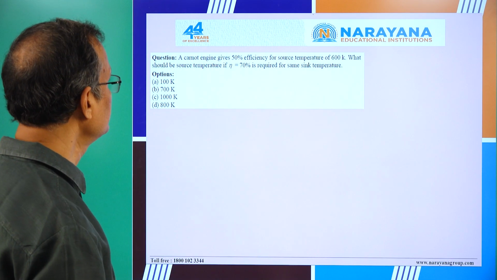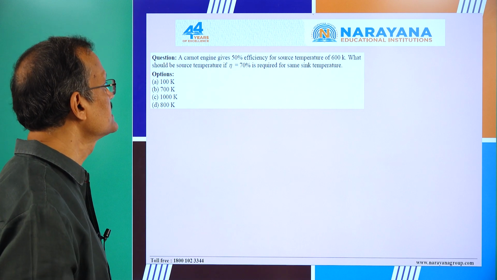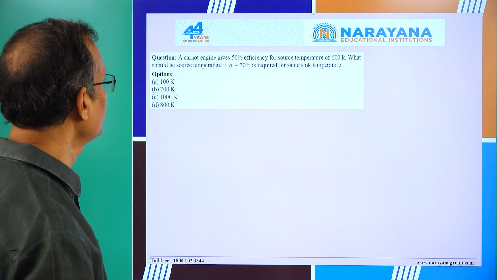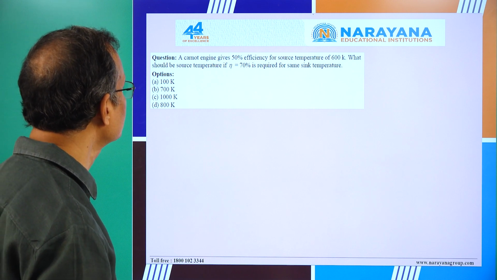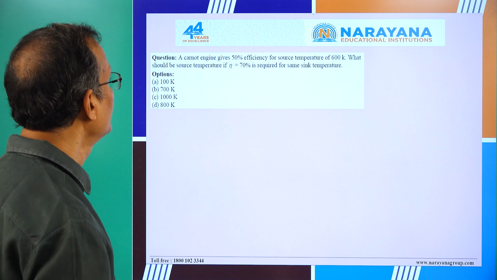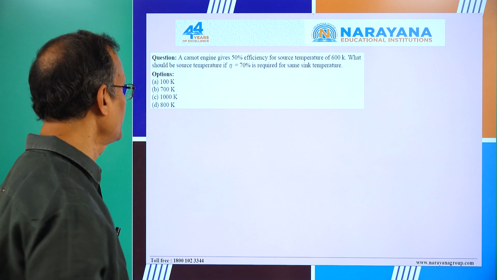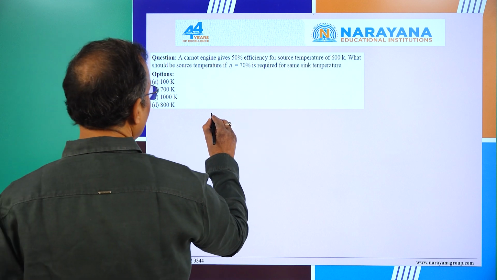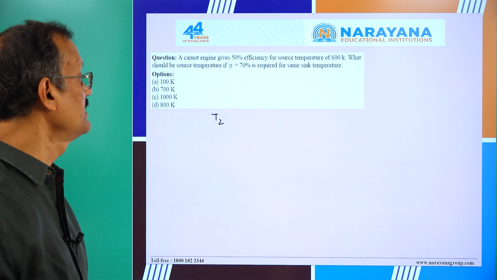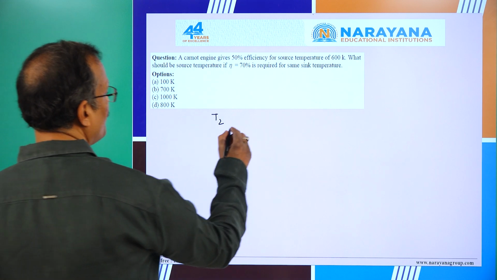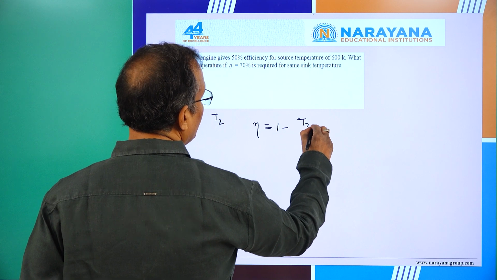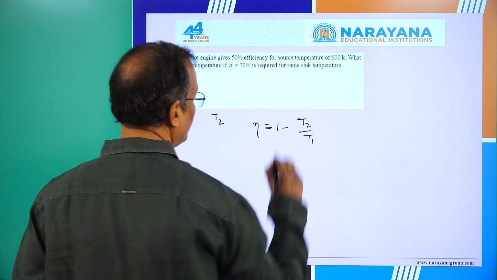A Carnot engine gives 50% efficiency for a source temperature of 600 Kelvin. What should be the source temperature if 70% efficiency is required for the same sink temperature? For the same sink temperature, T2 is the same. You want T1. So first go for the formula eta equals 1 minus T2 by T1.